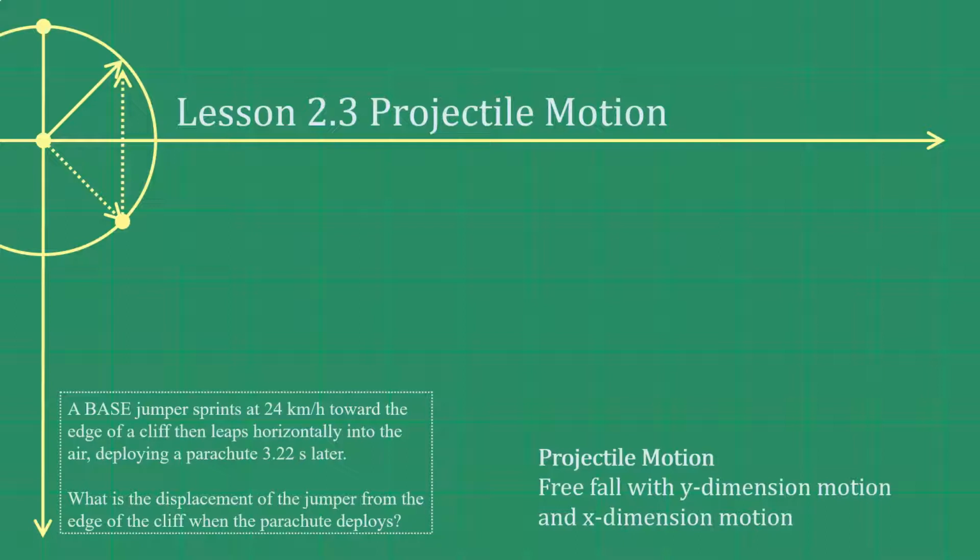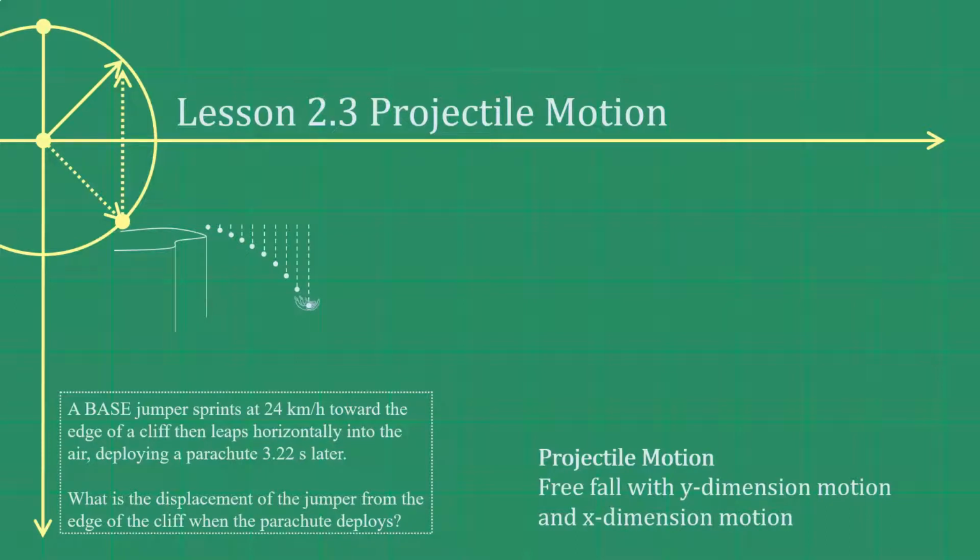How are we going to figure this out? Well, this is the easiest type of projectile motion problem because we have a horizontally launched projectile. This person is running and just jumping horizontally off of a cliff. It's going to look something like this. Notice that in the x dimension, we have a constant speed.